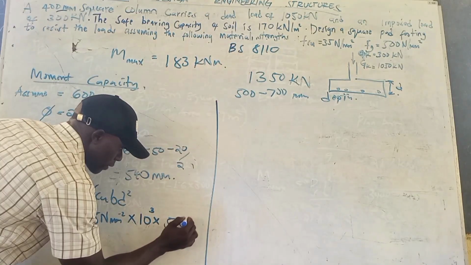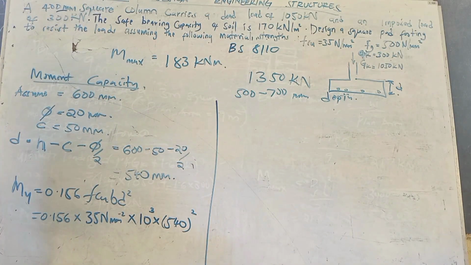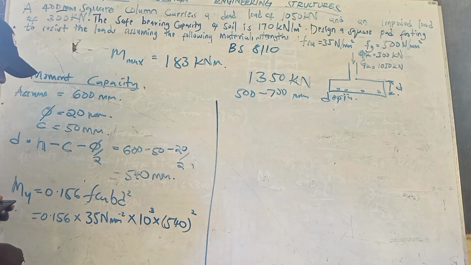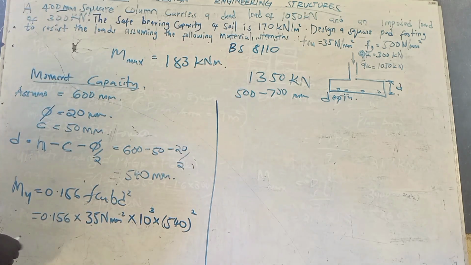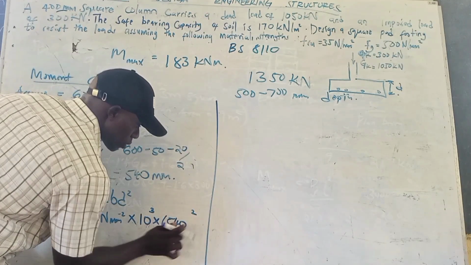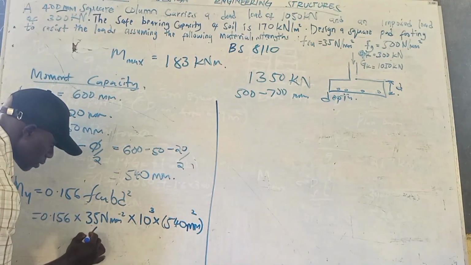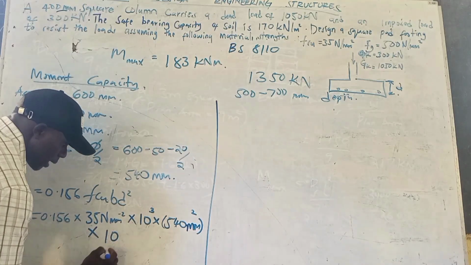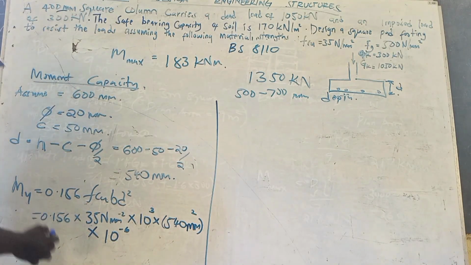So we're going to have 540 squared. Remember, the units here are in Newton millimeter squared, so we can change that to kilonewton meter by multiplying it by 10 raised to the power -6.